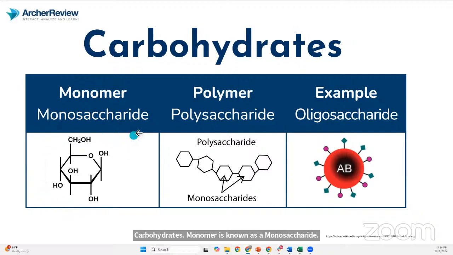When they are synthesized into a polysaccharide, they look like this. An example of a polysaccharide is an oligosaccharide, each of these structures on the outside of the red blood cell are oligosaccharides, and we're going to take a look at their function next.